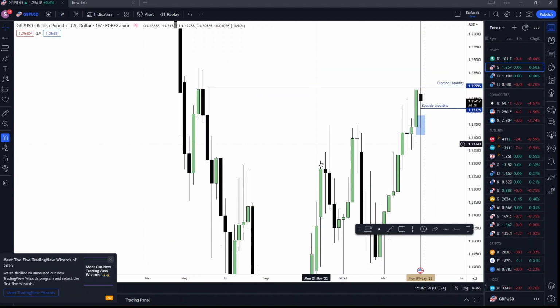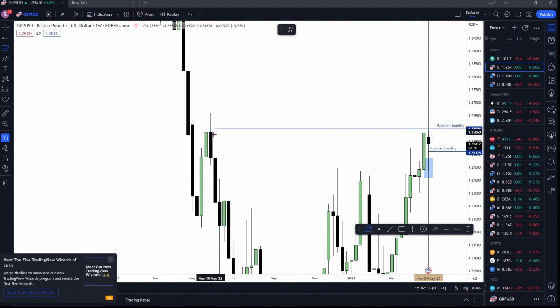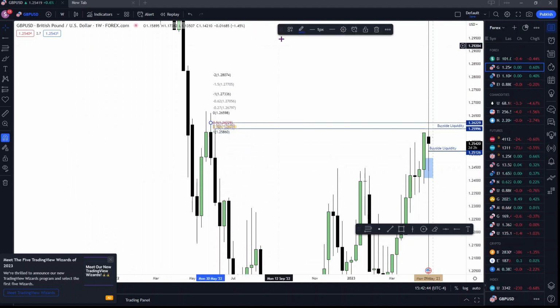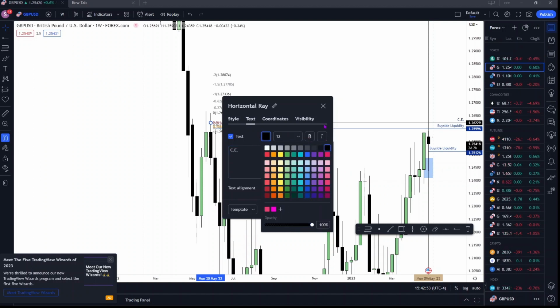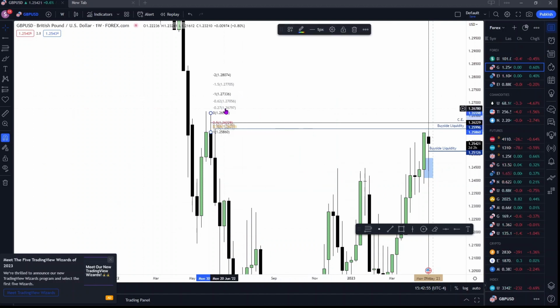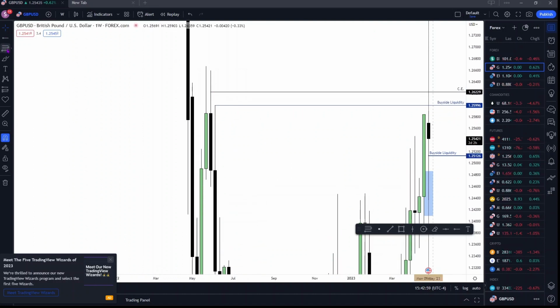And it was the midpoint of here, and then this is consequent encroachment. And then I wanted to get the midpoint between those two levels.